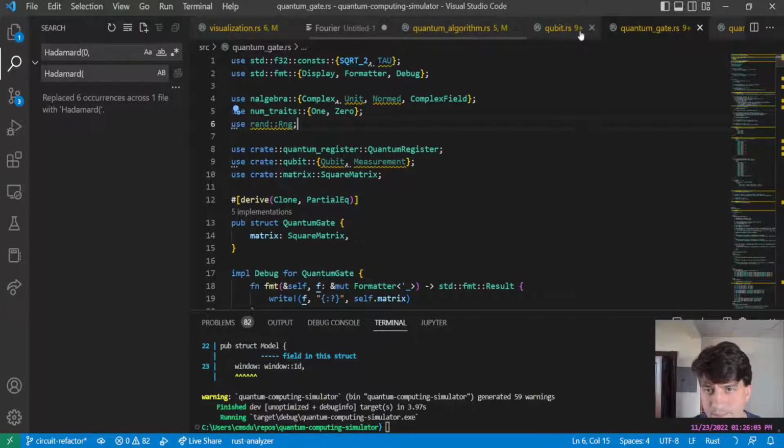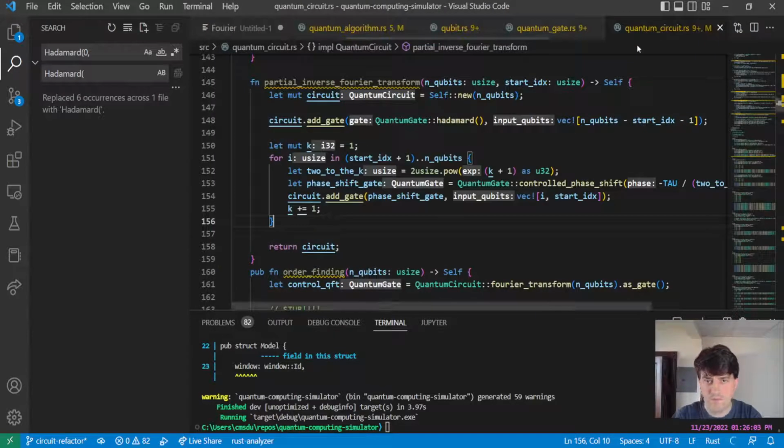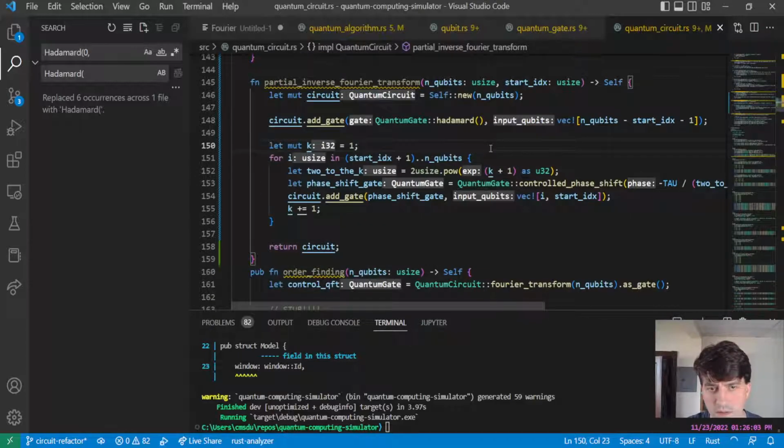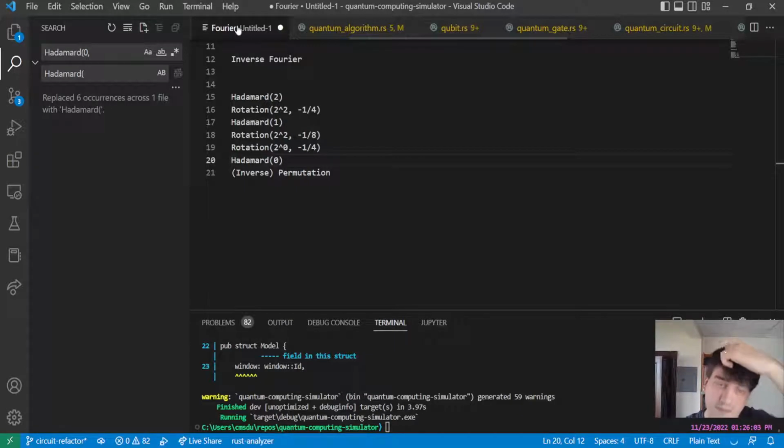I think it is going to be easiest if I do my circuit, if I add my Hadamard gate at the beginning. No, at the end.